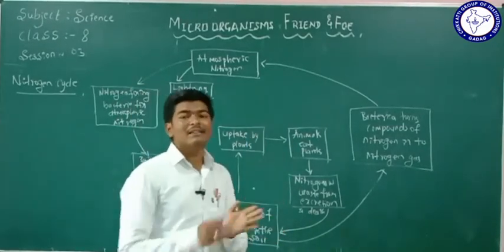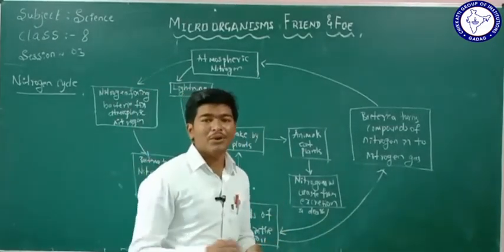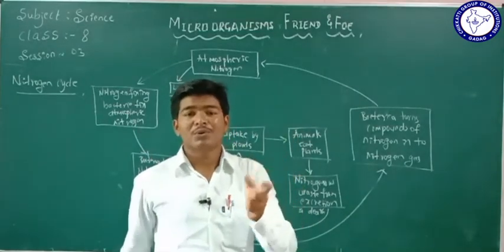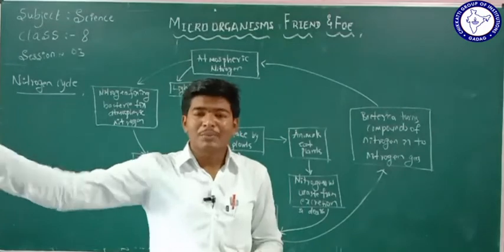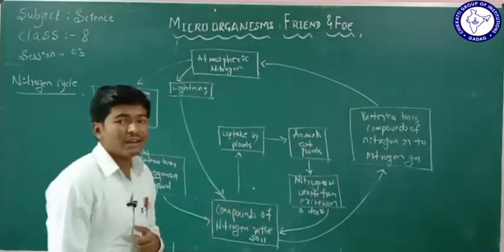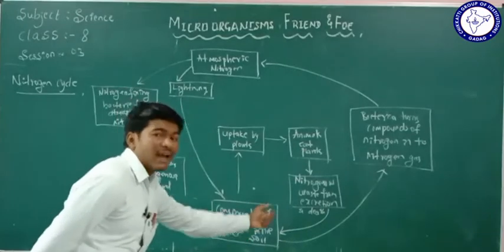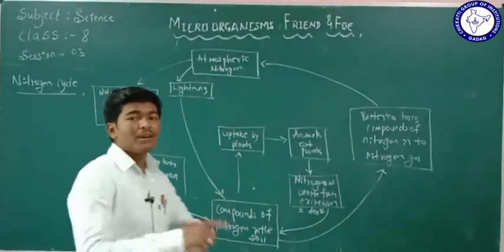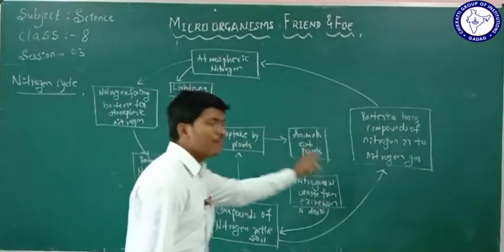When dead organisms are kept in the soil, the body releases the nitrogen into the soil as nitrogenous compound, and again this nitrogenous compound is converted into nitrogen gas by the bacteria.